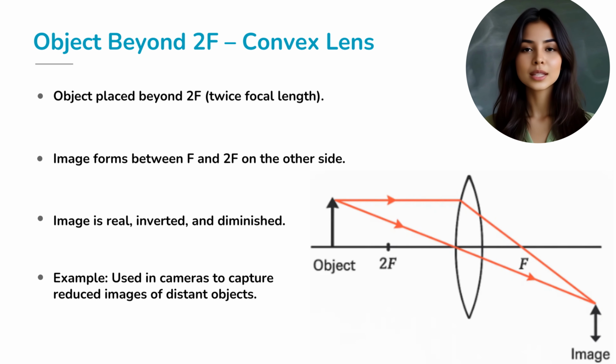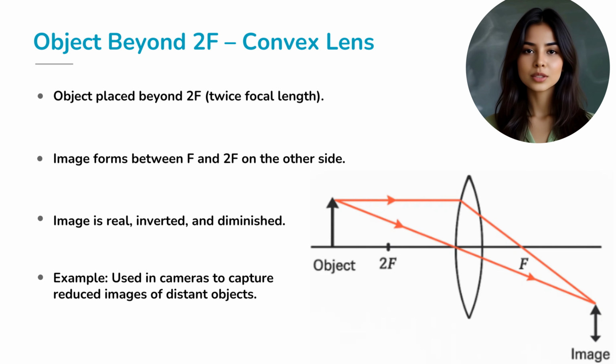Now students, let's bring the object a little closer, but still far enough. Suppose we place it beyond twice the focal length, or 2f, in front of a convex lens. What happens? The rays from the object pass through the lens and come together on the other side. The image doesn't form too far away.